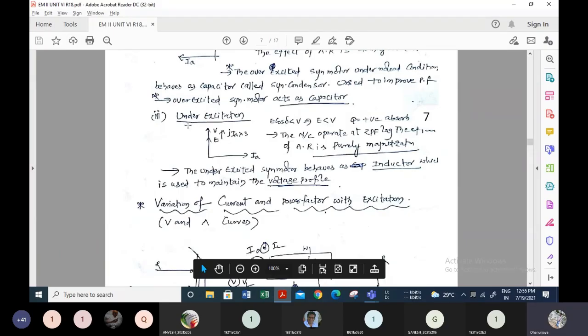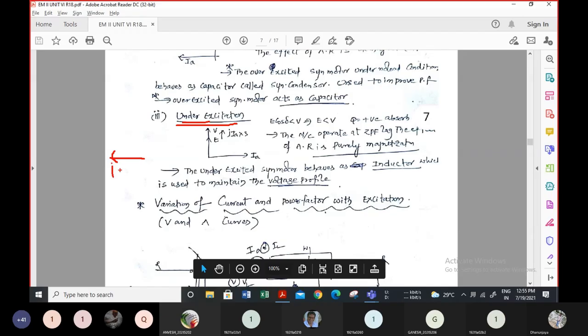Coming to the under excitation case, same here. For a synchronous generator, this is the expression. It is ZPF lead. It is reverse here: E, IA, and this is V. J into IA into X here.